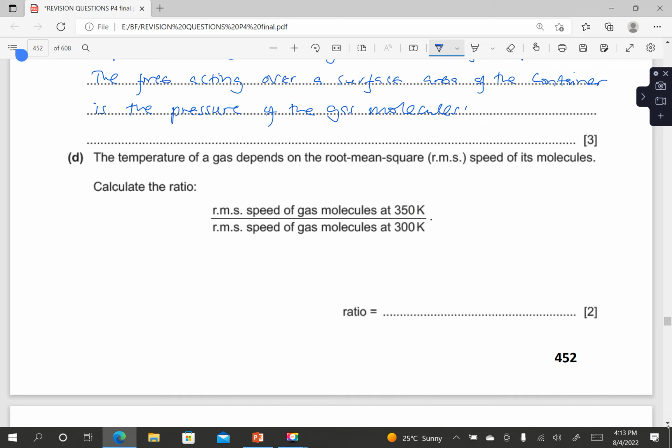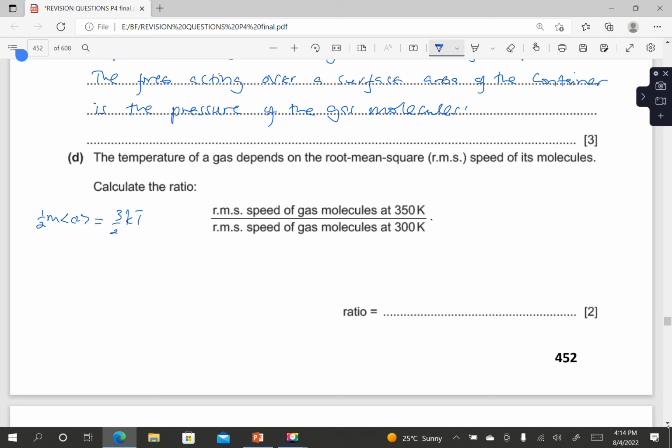The temperature of a gas depends on the root mean square speed of molecules. Calculate the ratio: root mean square speed of gas molecules at 350 over root mean square speed of gas molecules at 300 Kelvin. So we have already seen that m times the average of c squared, that is kinetic energy, is 3 over 2 times kT.